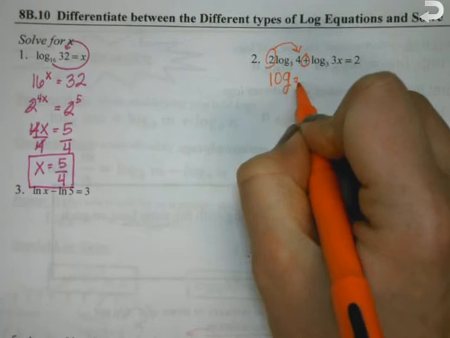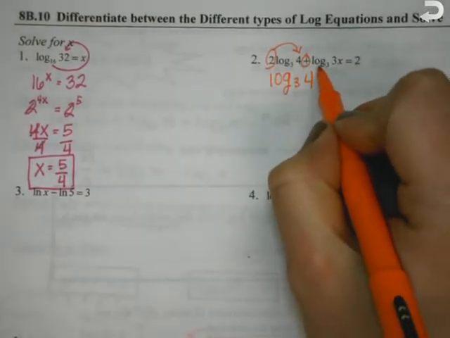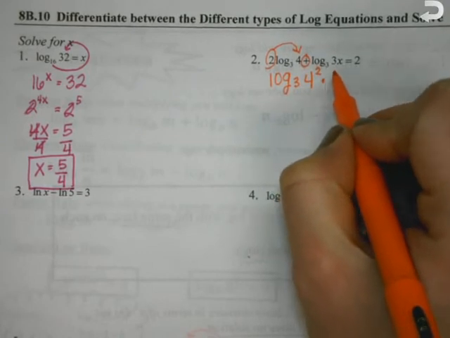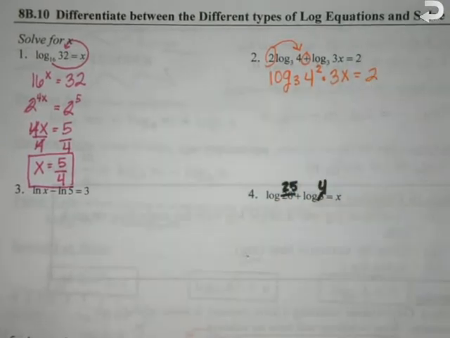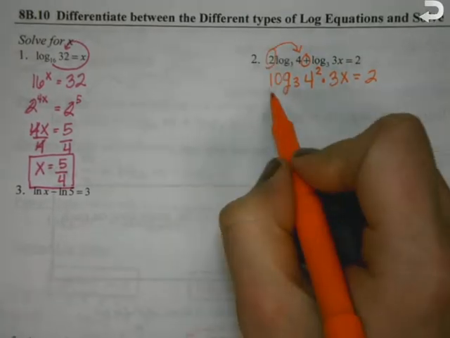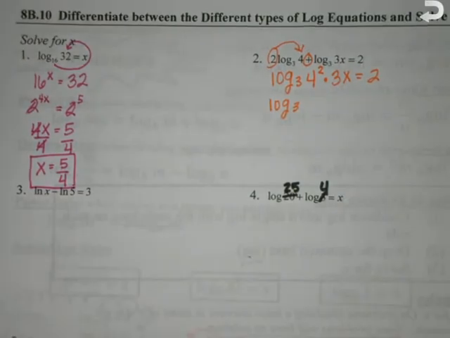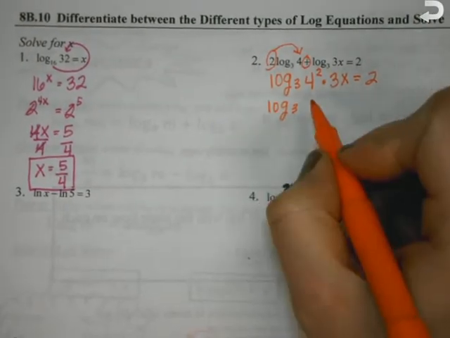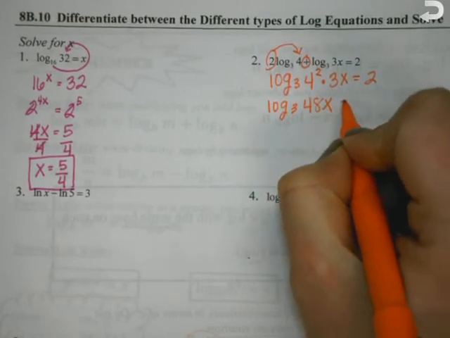And I'm going to do a product and power rule in the same step, if that's okay with you guys. 4 to the second power times 3x equals 2. So that's log base 3. 4 to the second power is 16, and 16 times 3 gives me 48x equals 2.